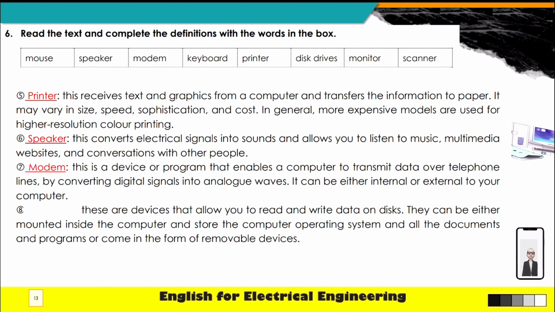This is the modem. And number eight, these are devices that allow you to read and write data on disks. So they will be, of course, disk drives. They can be either mounted inside the computer and store the computer operating system and all the documents and programs, or come in the form of removable devices. All right, so printer, speaker, modem, and disk drives.